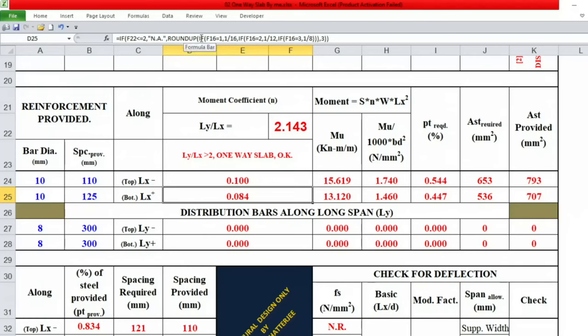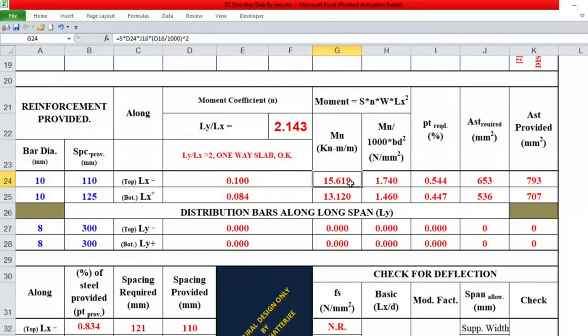Otherwise, round up: if F16 is equal to 1, this value will be 1 by 16. If F16 is equal to 2, then 1 by 12. If F16, that is case number, is equal to 3, then it will be 1 by 8.